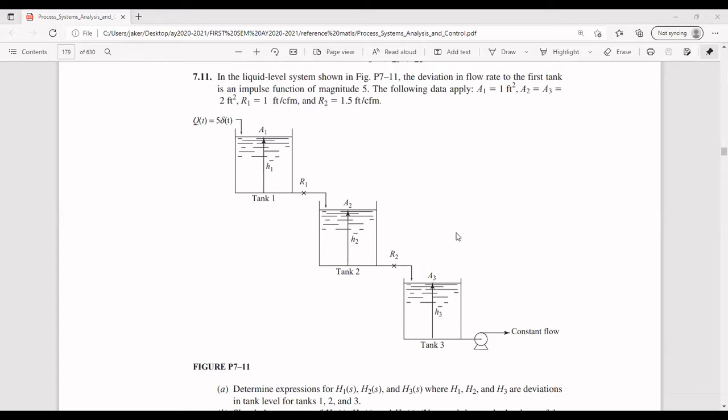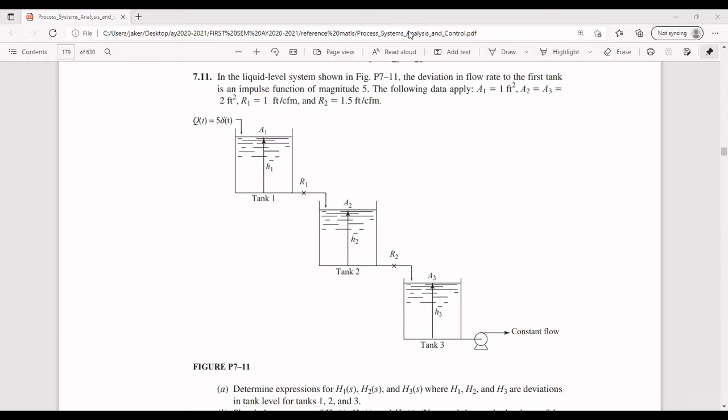Now, let's see in this case, if you're really going to go back to the DE model for this 3rd tank, and check whether the ready-made transfer function that we had then for a single tank with a constant volumetric outflow will just work, just for illustration purposes.